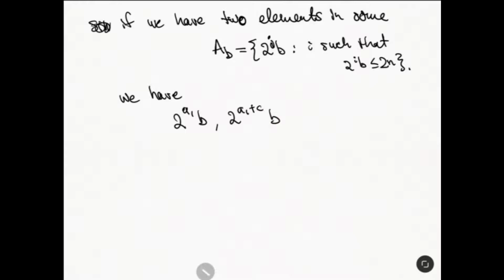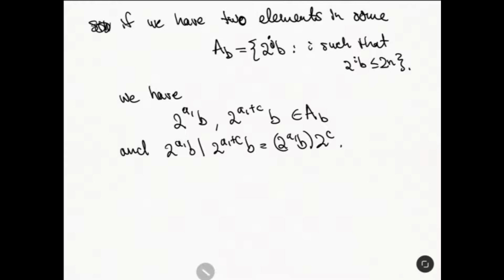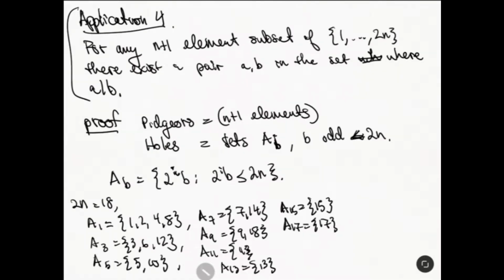So these guys here are an AB, and this thing, 2 to the A1B, divides 2 to the A1 plus CB, because this is really 2 to the A1B times 2 to the C. So this is how we get the divisibility. That's kind of a cool trick. So this is one way to do this. This is a trickier way of cooking up the holes in the pigeons.